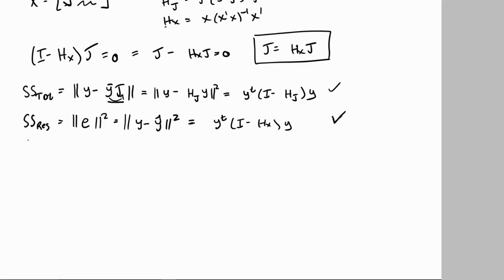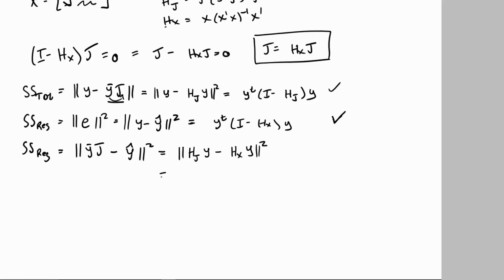So let me make a third definition, which is the sum of squares for regression, which is the distance between the fitted value if I only include an intercept and the fitted value if I include the intercept plus all these other regressors, squared, which I can write as the norm of hj times y minus hx times y, squared.